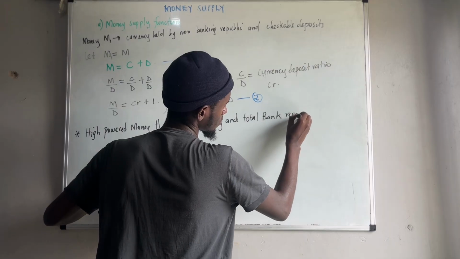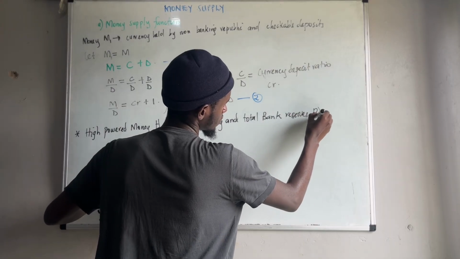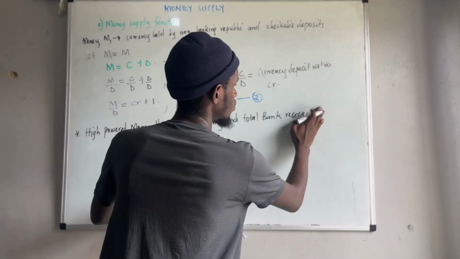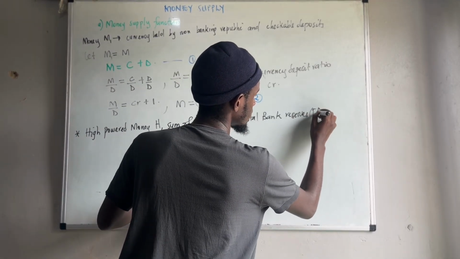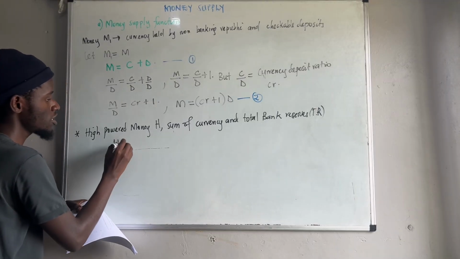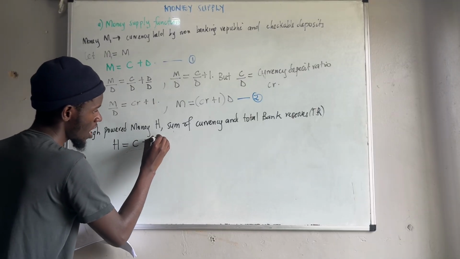You can call the reserves R, or TR, total bank reserves. Therefore, our high-powered money, H equals C plus TR.